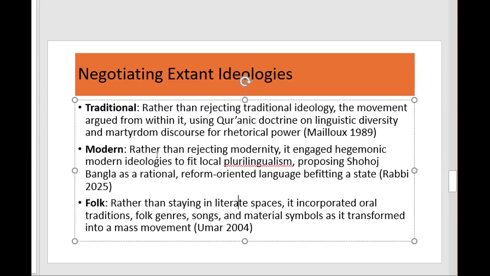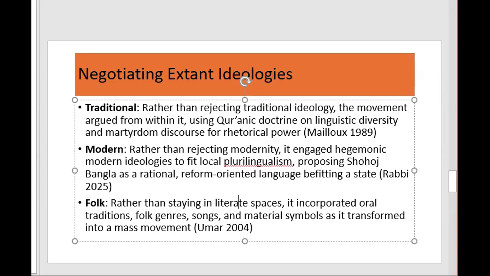In the modern sense, rather than rejecting modernity, it engaged with hegemonic modern ideologies to fit local plurilingualism. That is, it was proposing Shahaj Bangla, a proposal to turn Bangla into a standardized, simplified script system that would be utilized nationally in a more standardized and simplified encoding manner.